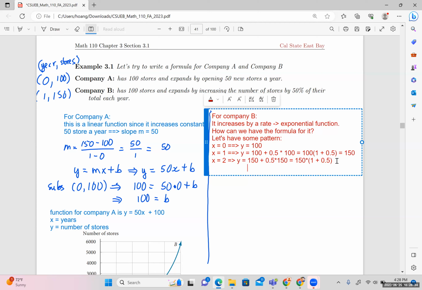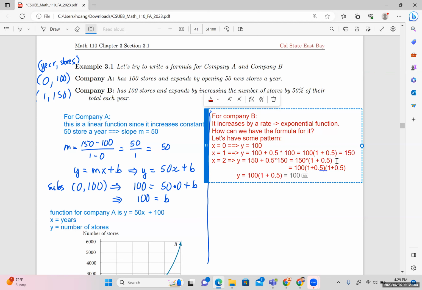Now I change it to be 100 times 1 plus 0.5 and times 1 plus 0.5, right? So I see that I can write it as hundreds times 1 plus 0.5 to the power 2, okay?